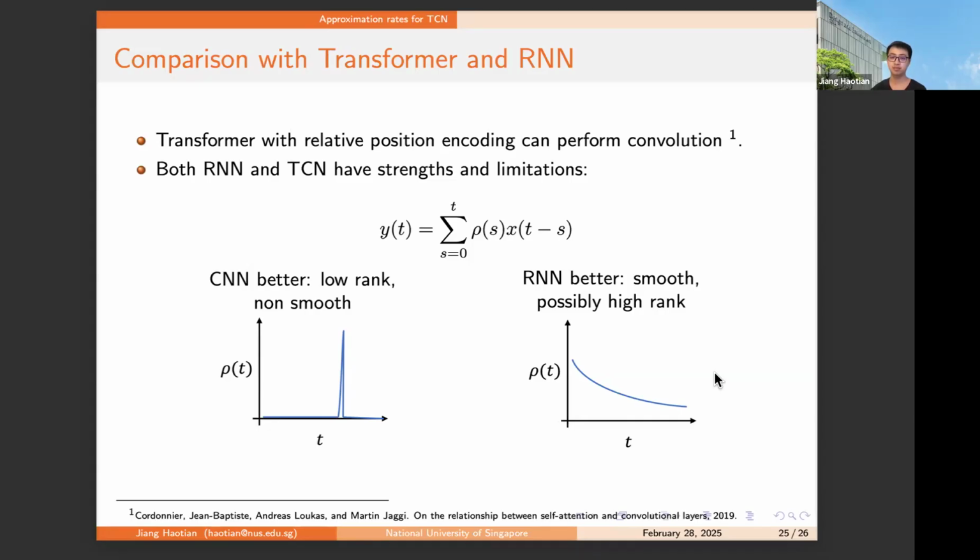And we can conclude that there is no single architecture that is good for all targets. The performance of the model is completely determined by the intrinsic temporal structure of the target.